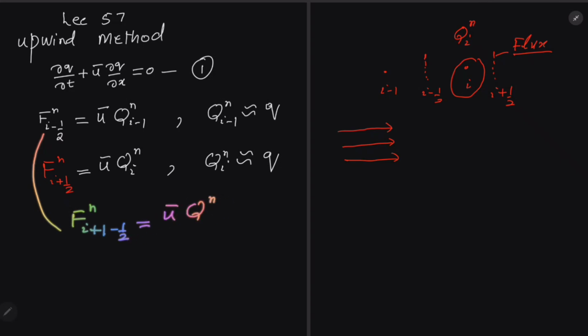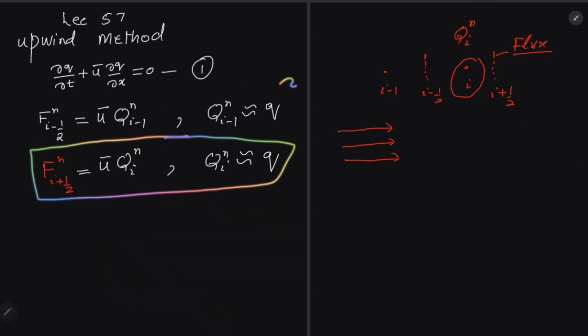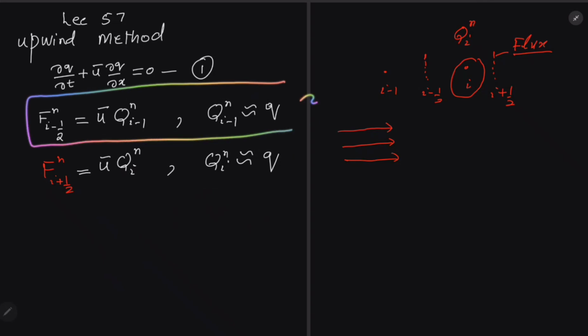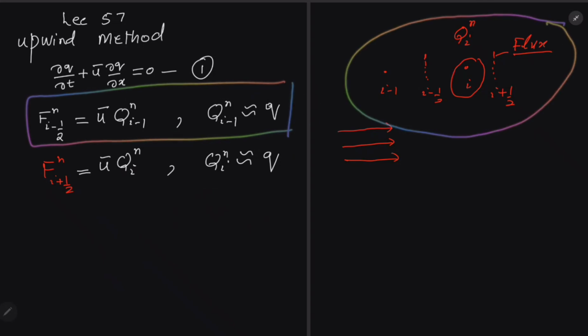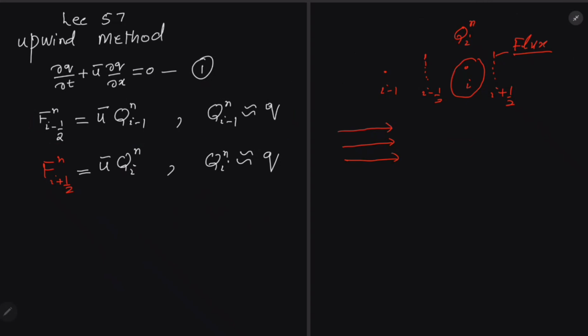You can see that we have u bar qn I, and on the left hand side, we have Fn I plus 1 half. So simply you can obtain the second flux from the first flux, and the physical interpretation is given over here. You must know the physical interpretation as well, how the information is traveling.